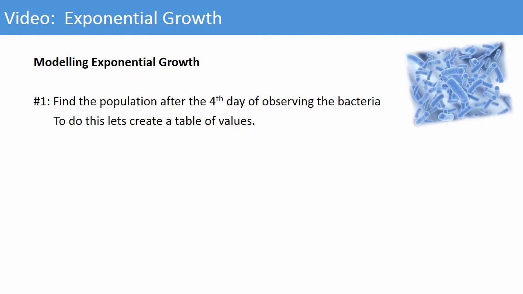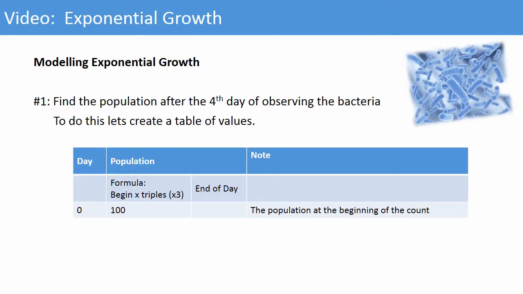To do this, let's create a table of values. We will create 3 columns, 3 rows. The first column will be the number of the day, the second will be the population, and the third will be any notes that we need to take into consideration.